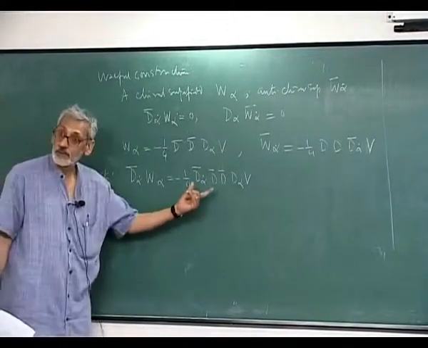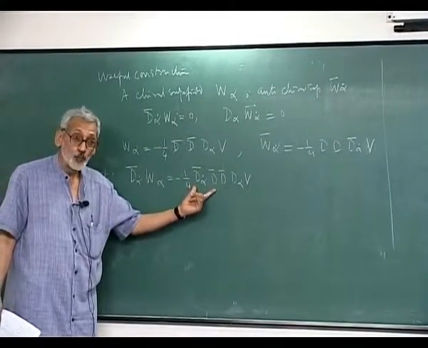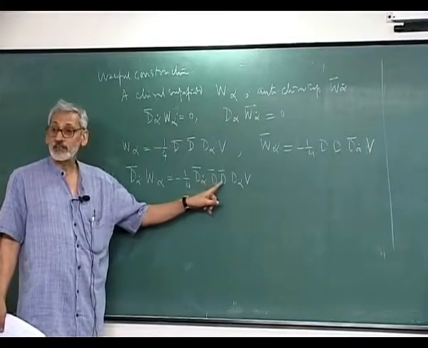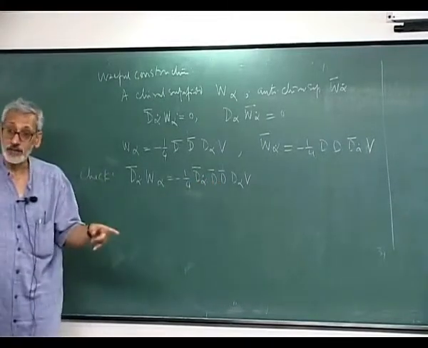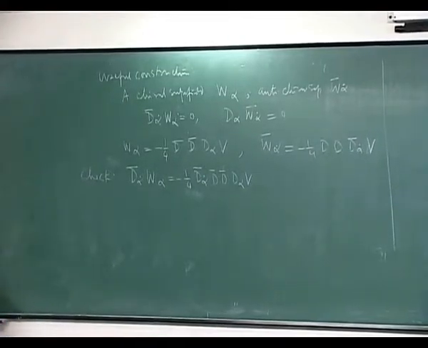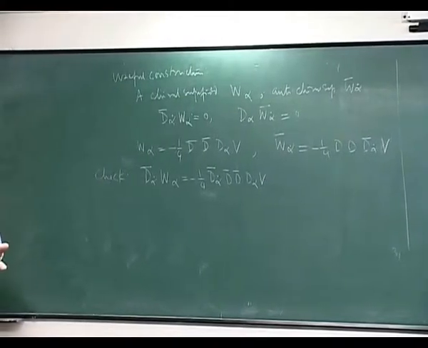That by construction is 0, because there are 3 D bars. D bars with the same spinor index square to 0.